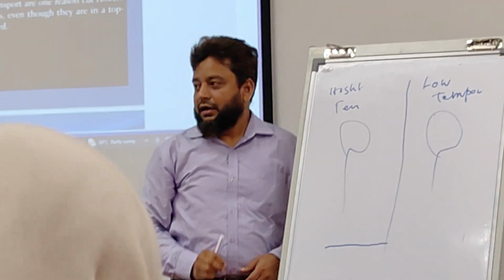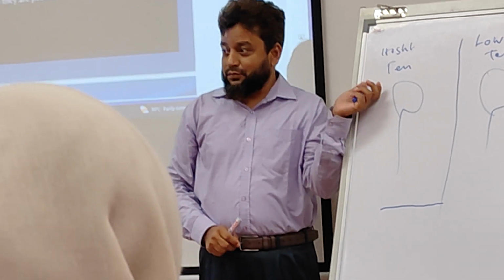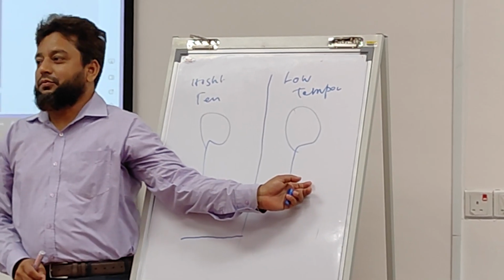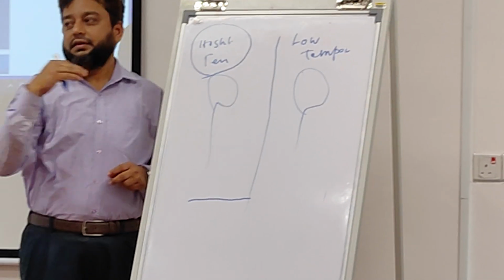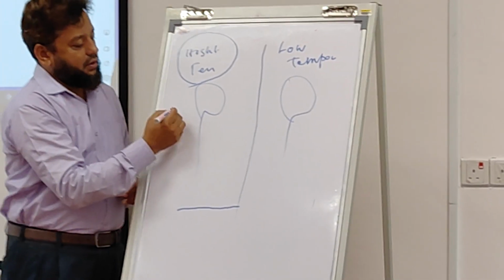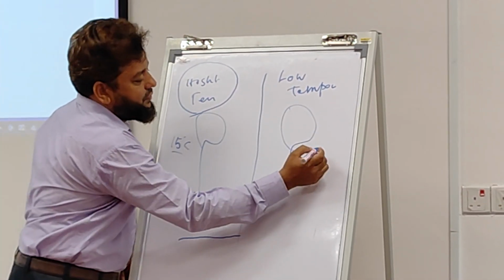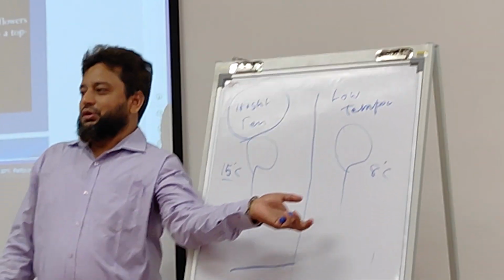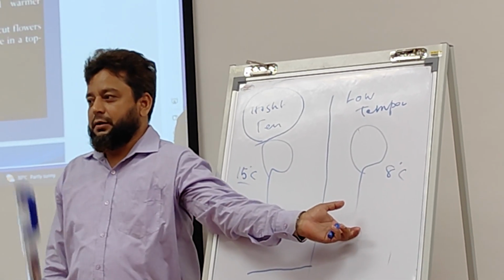This storage house has high temperature, maybe around 15 degrees, and this house maybe 8 degrees centigrade. Now can you tell me if the storage life or shelf life would be higher in this one or in this one?